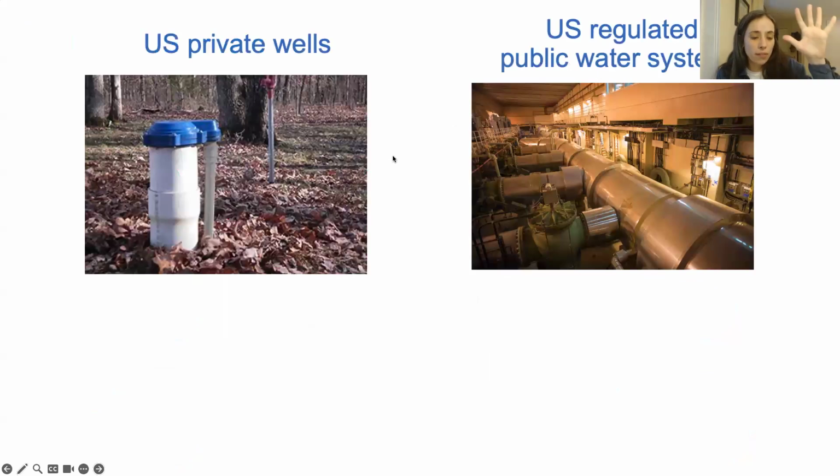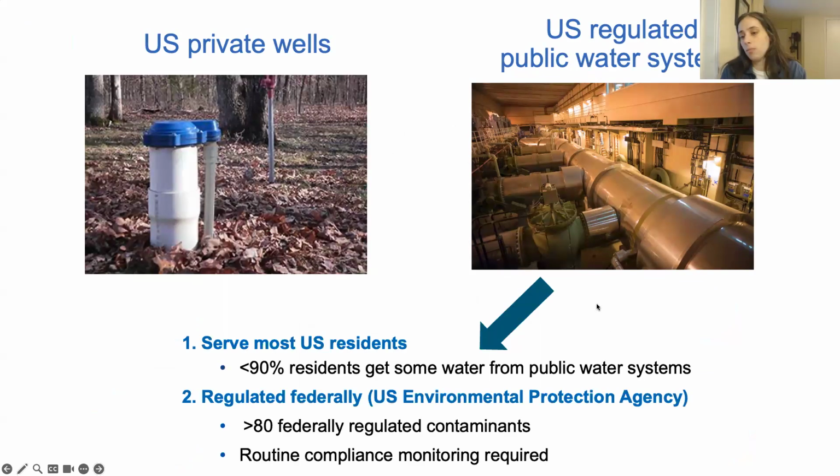So if you're in the US, this is just a little bit of background information about why we should care about regulated public drinking water. If you're in the US and you have water that's piped into your home, you're getting it from either a private well or from a regulated public water system. And these regulated public water systems serve most US residents.